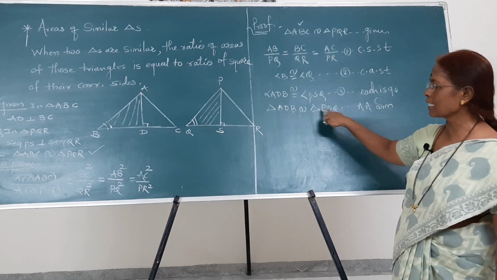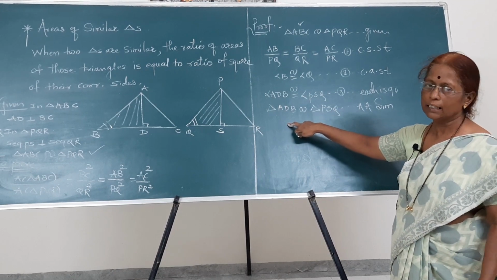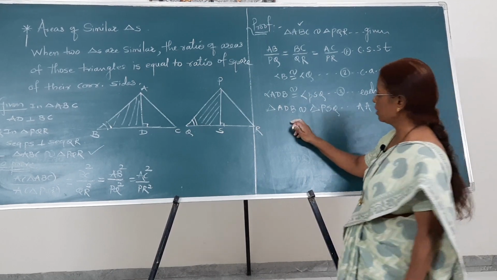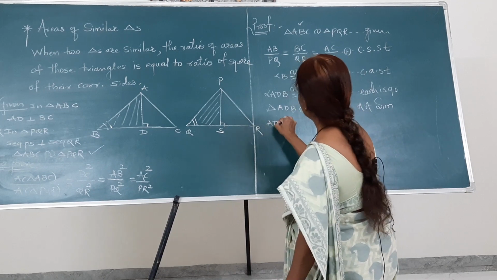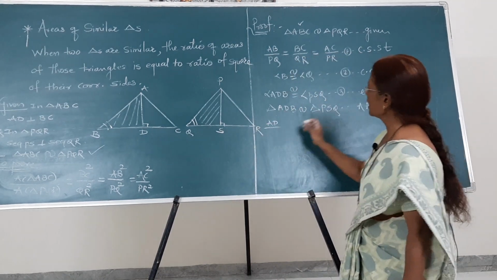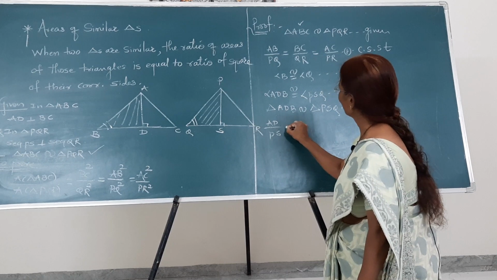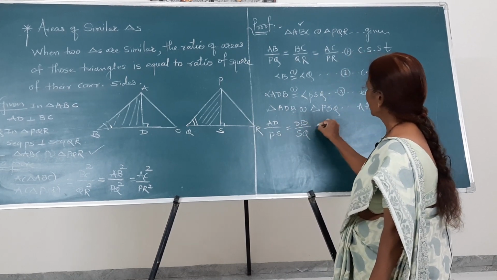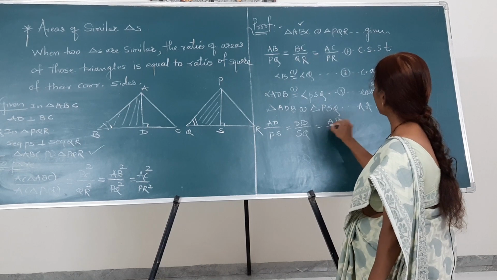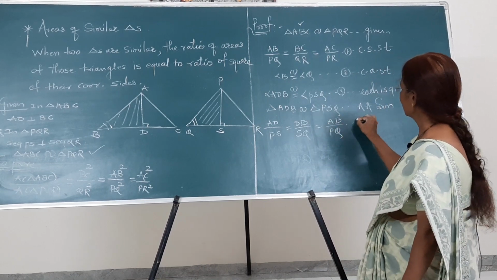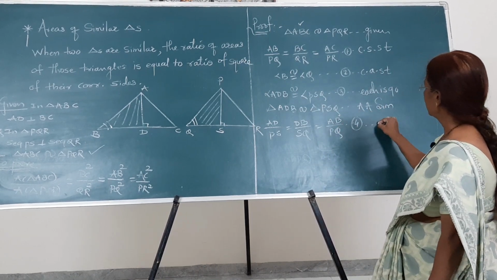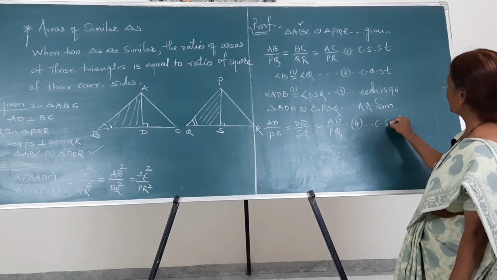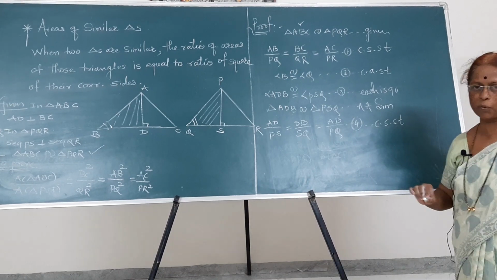As the triangles are similar to each other, their sides are in proportion. So we'll take AD upon PS, DB upon SQ and AB by PQ. This is our fourth equation, corresponding sides of similar triangles support.